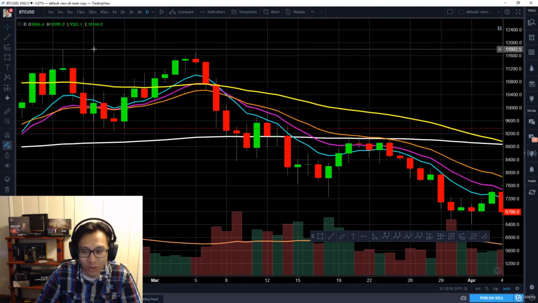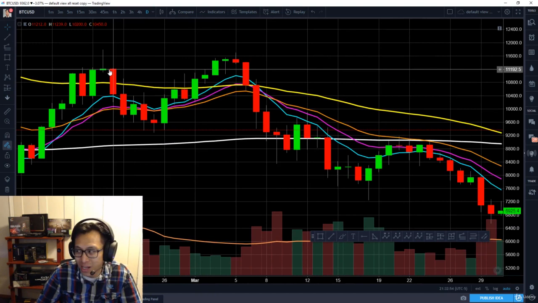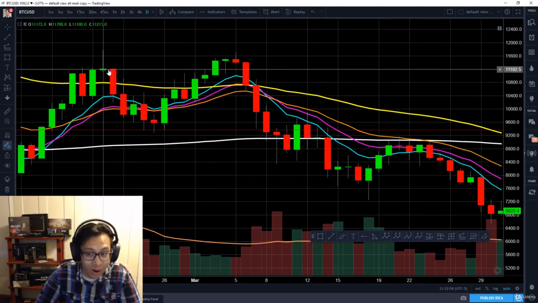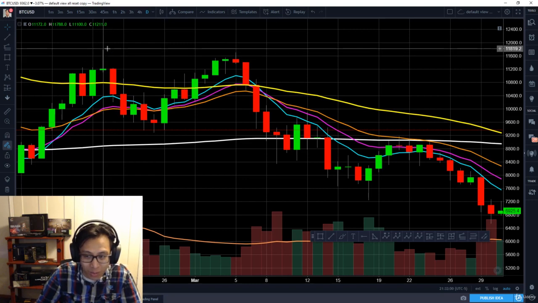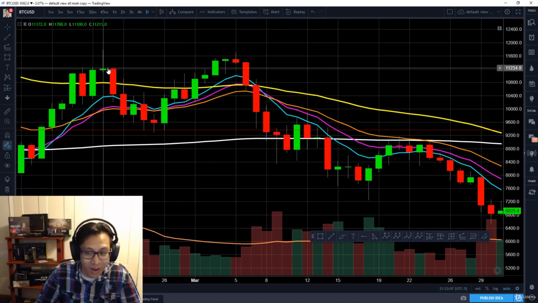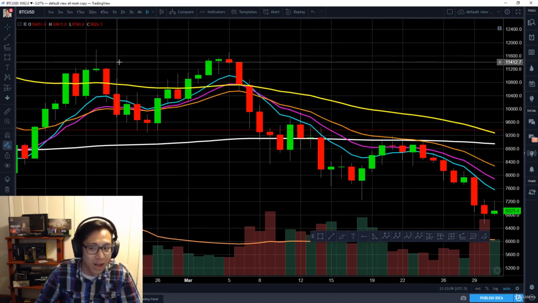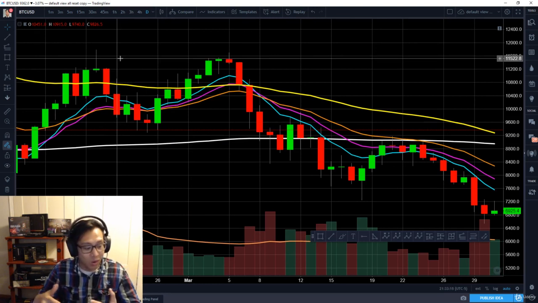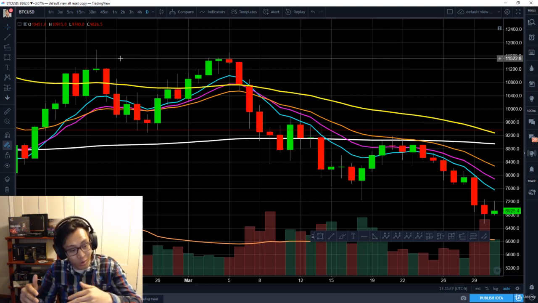And here, for shooting stars, it implies that the bulls tried very, very hard to push it super high upwards, but instead they got rejected and it simply just got shot down. And because it got shot down, the next day it implies that the market psychology says, hey, the bulls tried, the bears have pretty much taken over, so now we're going to make sure that it's going to keep going downwards.